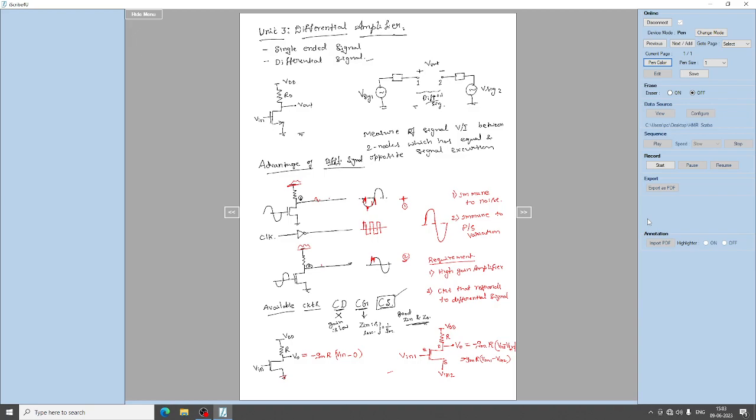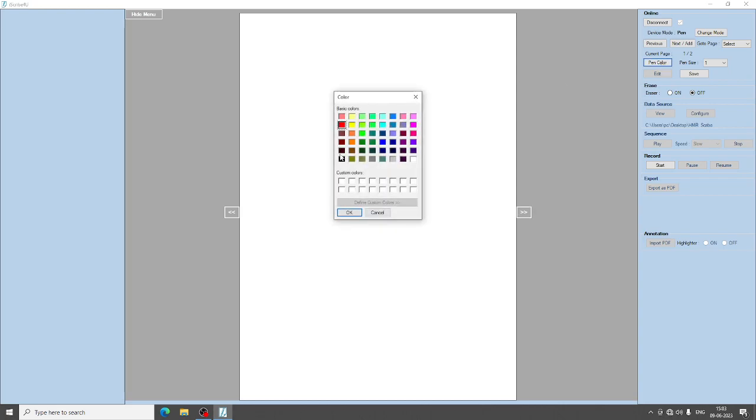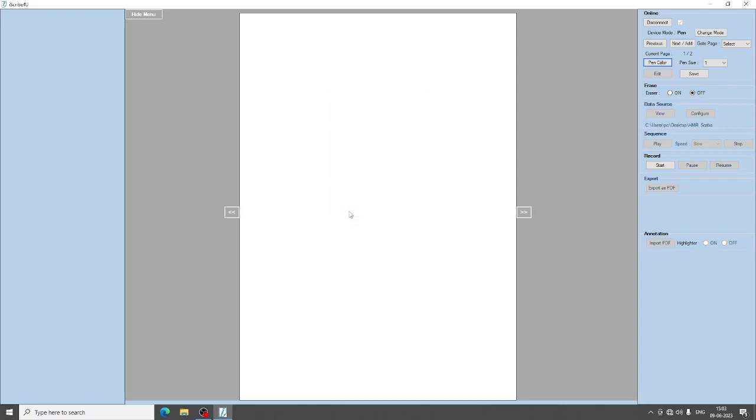So now to analyze the same, we will consider one input at a time. Again we will consider the same circuit, which is a common source amplifier. This is V in 1, and the other input we are connecting to ground.